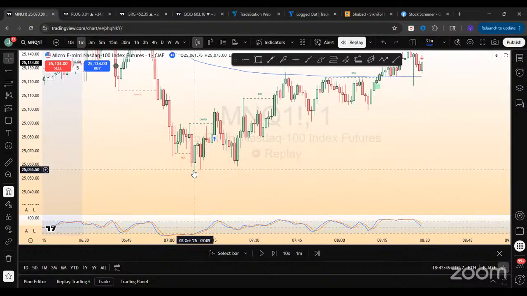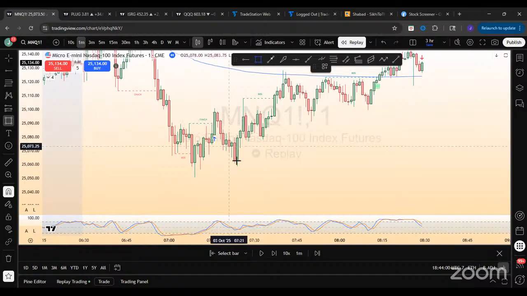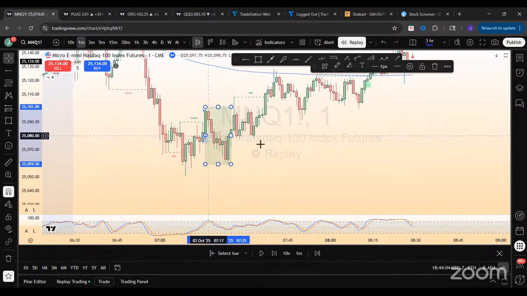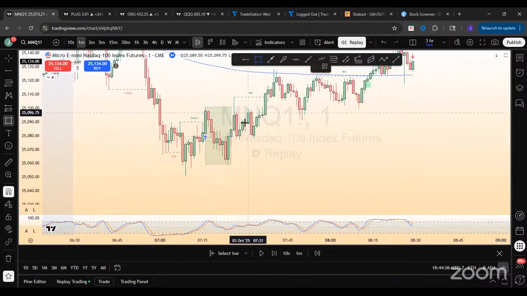But in this case, it gave you a bullish change of character, comes back down, doesn't break the low, and then goes back up. So this is where you would have taken a long, right here. You wouldn't take a long anywhere here. You would take a long right here.